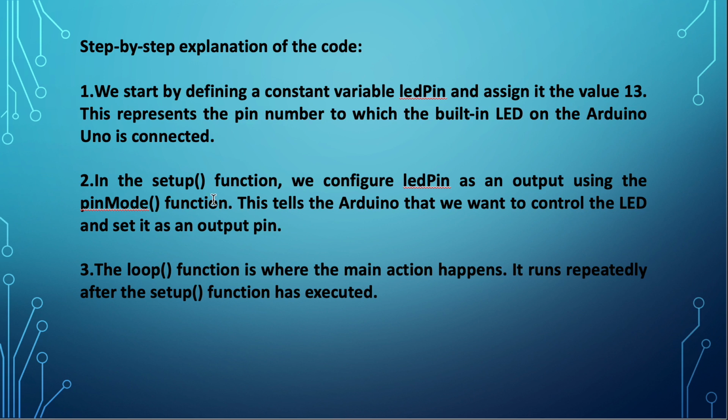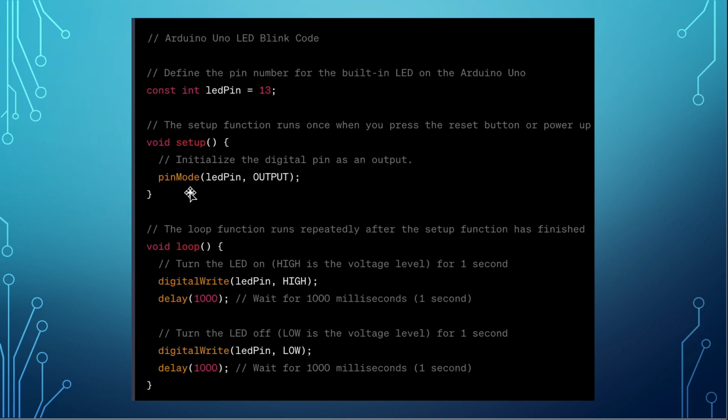Because we are using the Arduino IDE, when we give value 13 and we have selected our Arduino Uno board, it will automatically configure the port 13 to give out the signal, right? If you change that 13 value over here to, let's say, 10, then the output will come from 10.